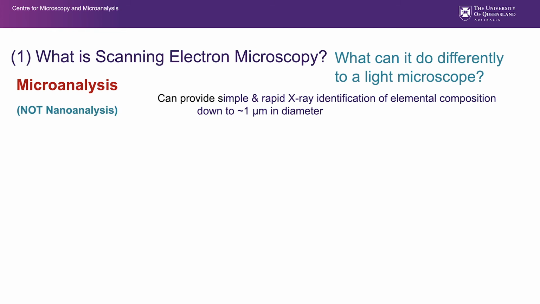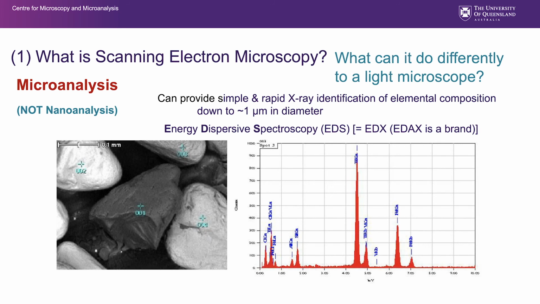We can't discretely analyse things smaller than that 1 micron with our routine microanalysis, which is energy dispersive spectroscopy, or EDS, sometimes abbreviated EDX, and that is an electron microscope image. It is a backscattered image for those of you who recognise it on the left-hand side, and we're analysing with our X-ray microanalysis this feature here, 0.03.